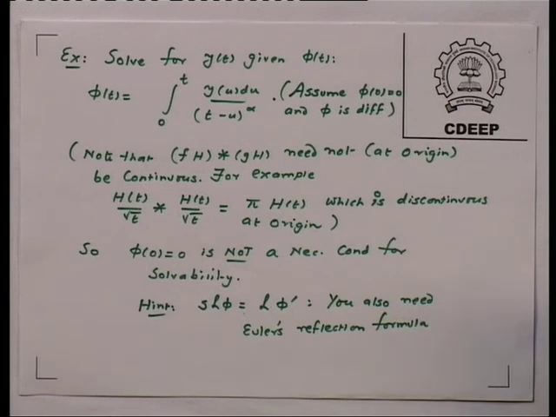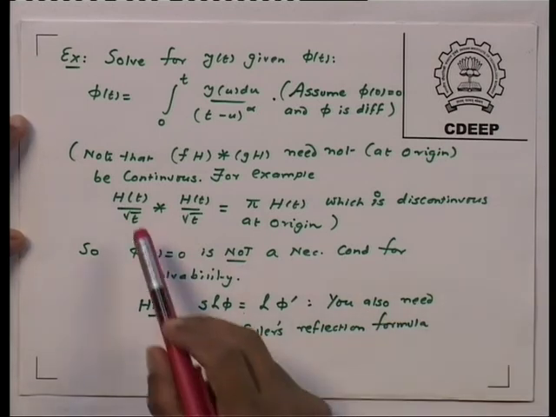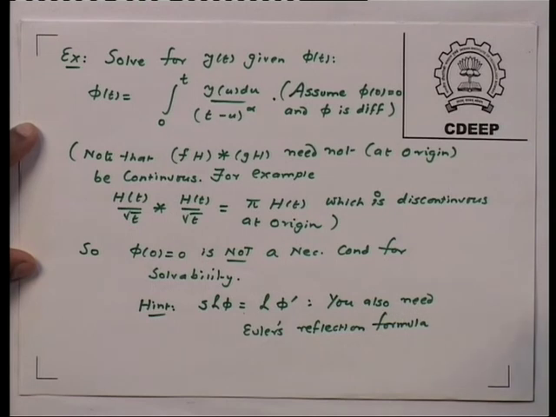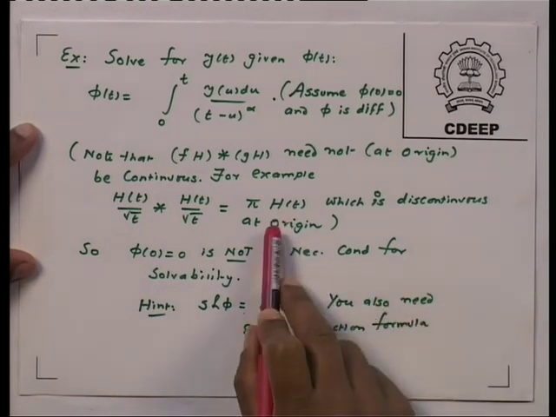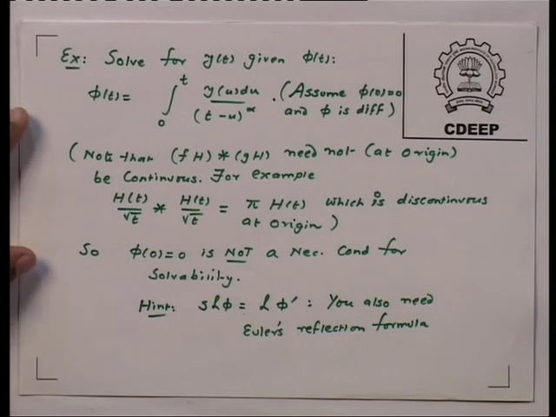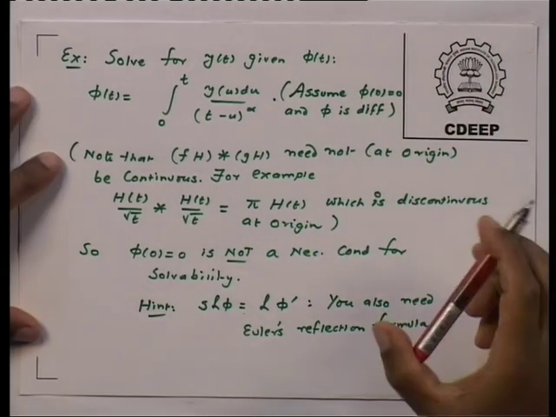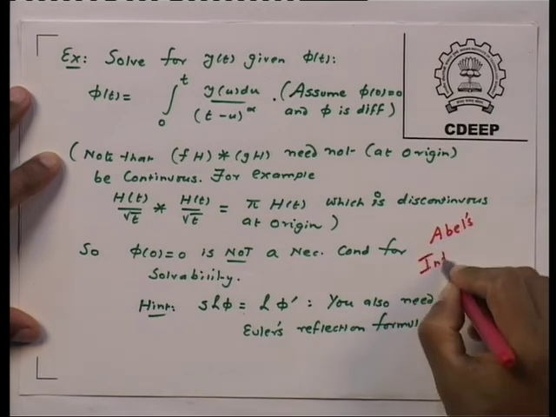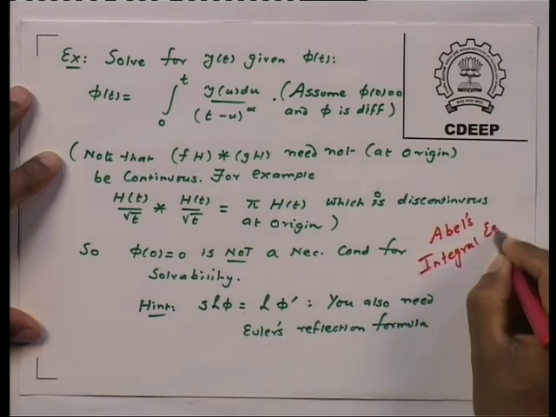See, even if two functions are continuous, the convolution need not be continuous at the origin, because if you take h(t) by root t and h(t) by root t, the convolution is pi times h(t), and that is again discontinuous. That is the problem. So phi of 0 is not required. All right, this is called the Abel's integral equation.